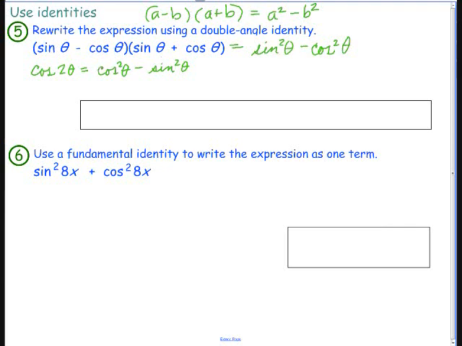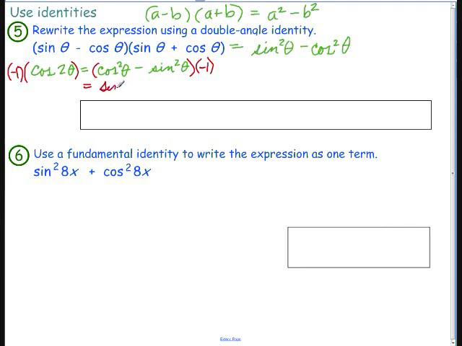Well, as long as I do the same thing to both sides, and this is what I'm thinking of doing, I'm going to multiply both sides by -1. And when I do that, I get a negative cosine squared and a positive sine square. It's exactly what I want.